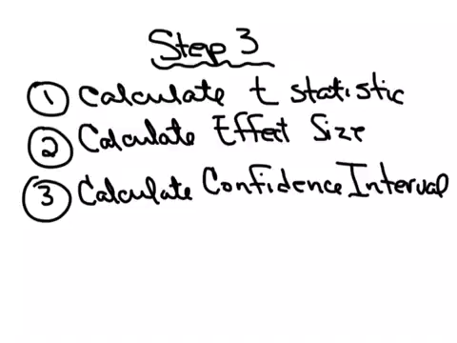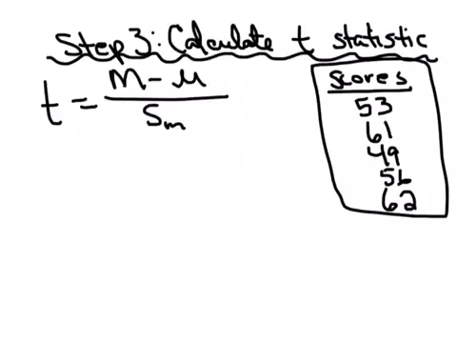This is all part of testing the statistic. So the first thing we'll do is the first part of step 3, and we will calculate the t-statistic. Here we have the original scores, and we have our equation: sample mean minus population mean divided by the estimated standard error.